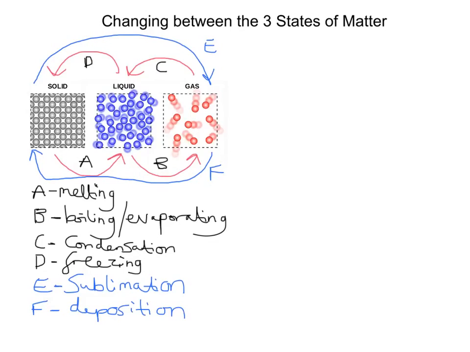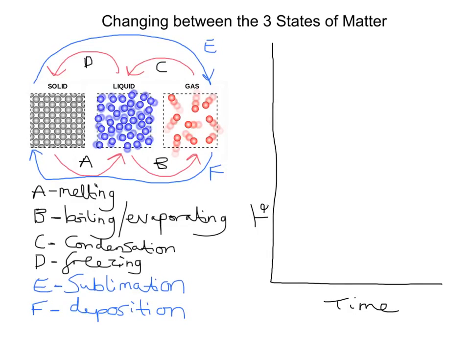Now, let's think about actually what happens to the particles when we go from one phase to another. So we're going to just draw a graph down the right hand side, just a very quick sketch here. We'll put time on the bottom, on the x-axis, and up the side, on the y, we'll have temperature.